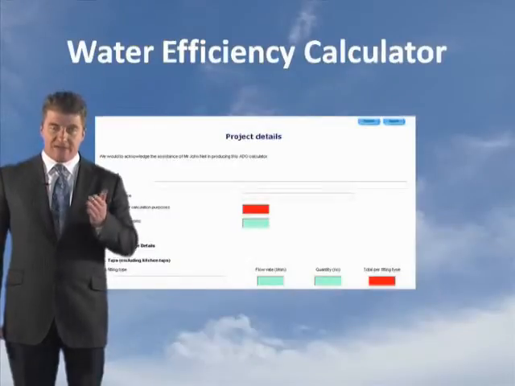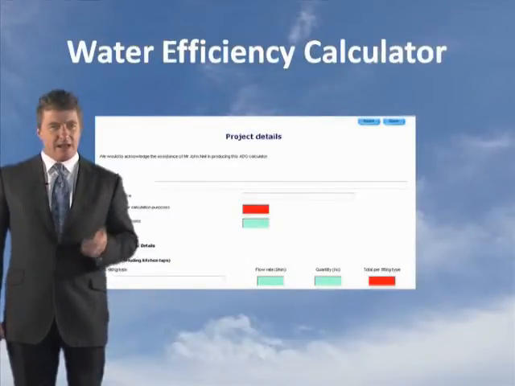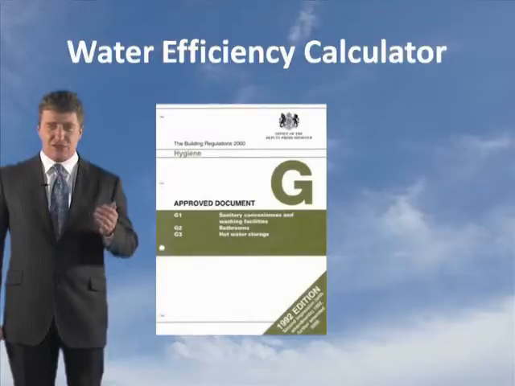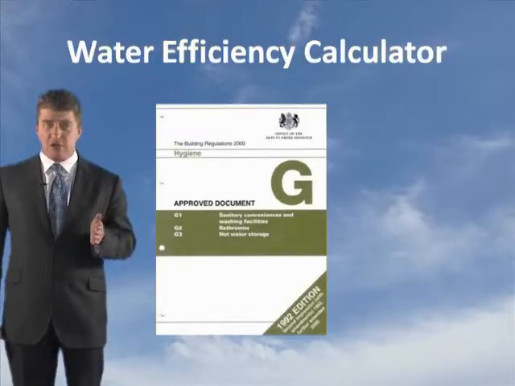Welcome to the Water Efficiency Calculator. Now, Part G of the Building Regulations 2009 and the Code for Sustainable Homes requires an assessment of the design water use to be carried out. The DCLG have issued a standard calculation methodology, and this online calculator is based on that methodology.